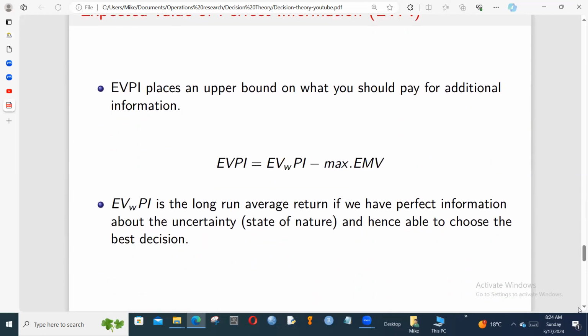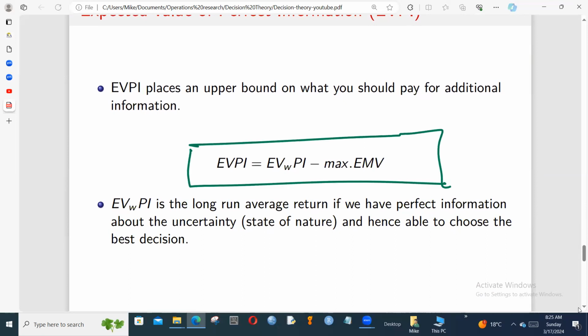Expected value of perfect information is given by this equation: the expected return with perfect information, which is the long-run average return if you have perfect information, minus the maximum expected monetary value that we obtained in the previous example.